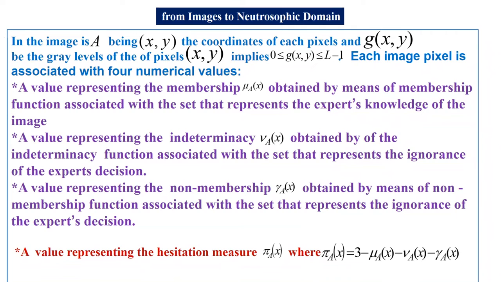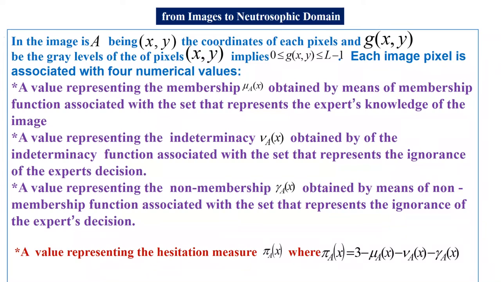A value representing the membership mu of x, obtained by means of the membership function associated with the set, that represents the expert's knowledge of the image. A value representing the indeterminacy, obtained by means of the indeterminacy function associated with the set, that represents the ignorance of the expert's decision.